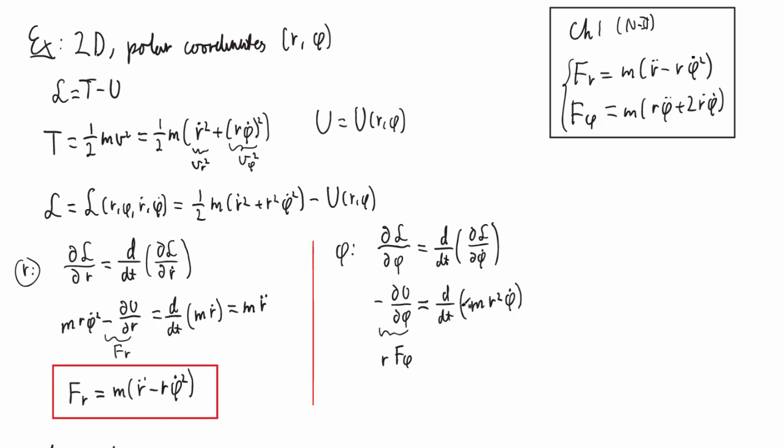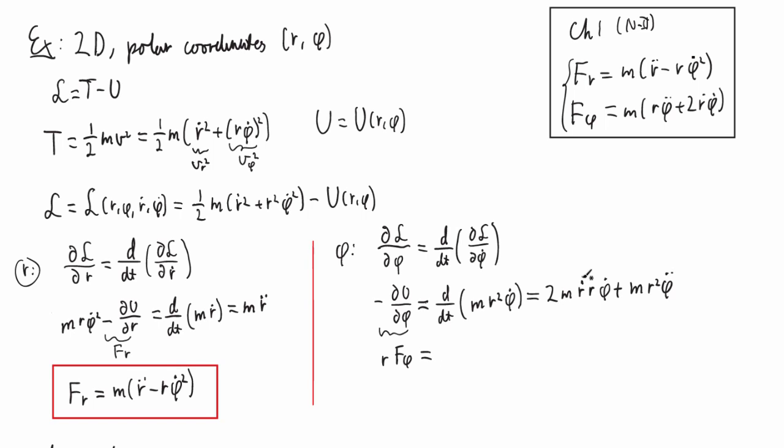This is a full derivative, and both r and phi depend on time. So this then becomes equal to 2 m r dot r phi dot plus m r squared phi double dot.